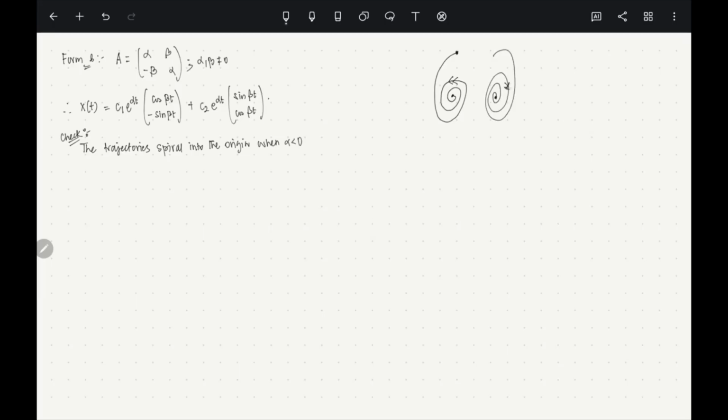Since alpha is negative and t is towards minus infinity, e power alpha t is going towards infinity, so it starts from infinity somewhere. As t tends to infinity, with alpha negative, e power alpha t goes towards 0. So all these trajectories are moving towards 0. But they can't move like this, they can't move in a straight line. Why?